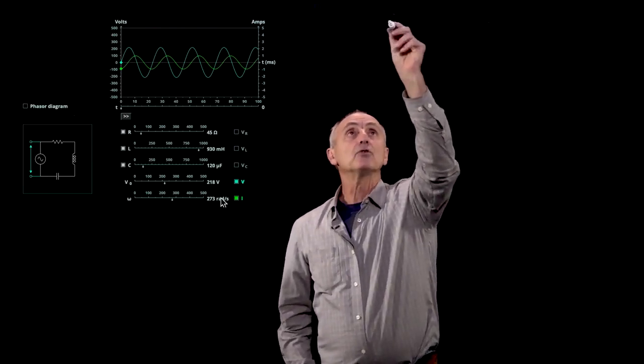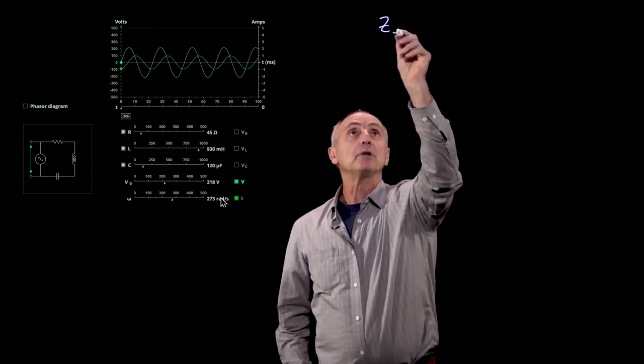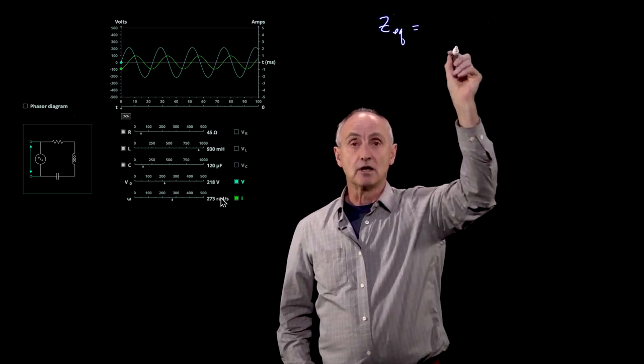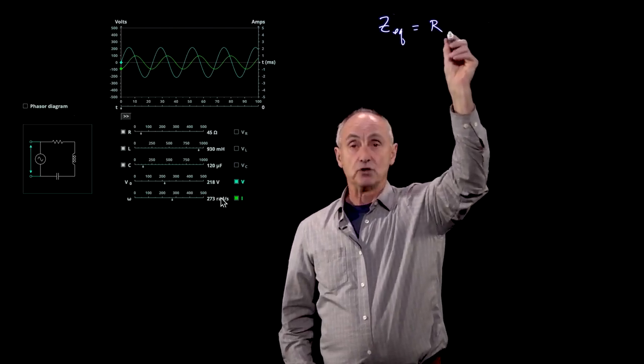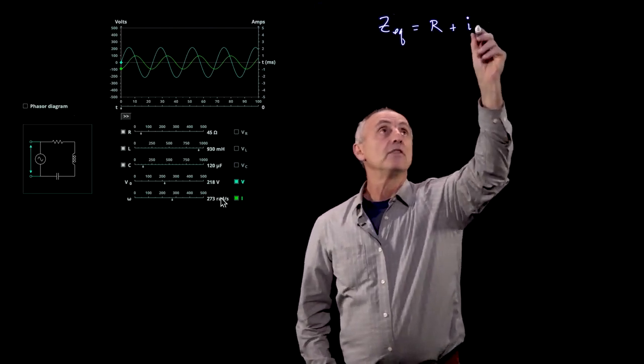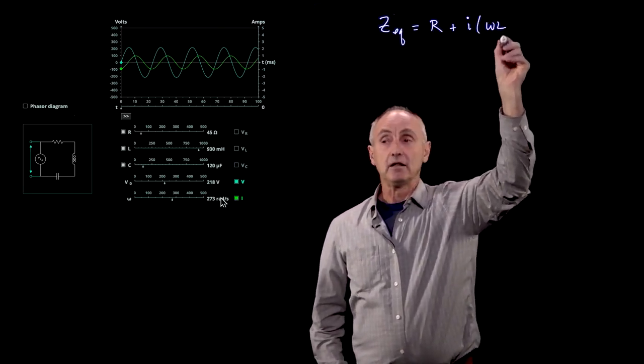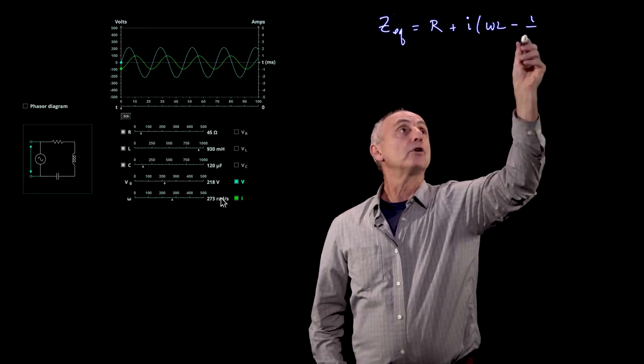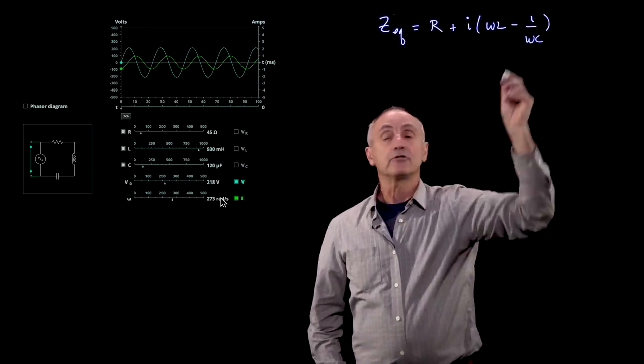So all we have to do is get the complex impedance, which has the resistor. We have two imaginary pieces, the inductor, omega L, minus 1 over omega C for the capacitor.